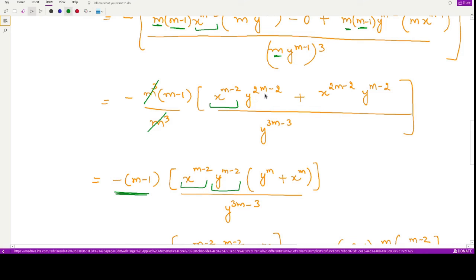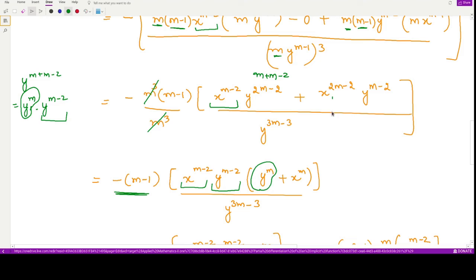So that means you can write this power 2m minus 2 as m plus m minus 2. So basically you can write y to the power m plus m minus 2 as y to the power m multiplied by y to the power m minus 2. So you are taking this term outside, so you are only left with y to the power m. So this is the term that you are left with.